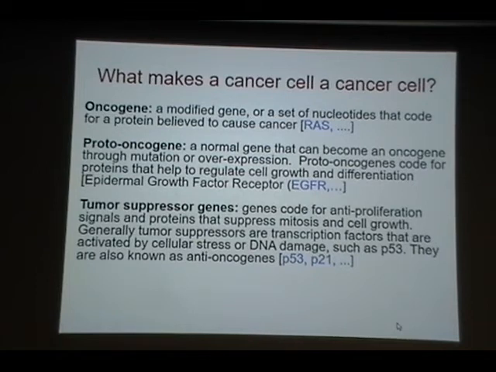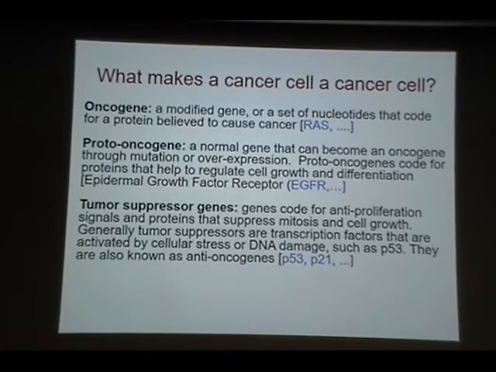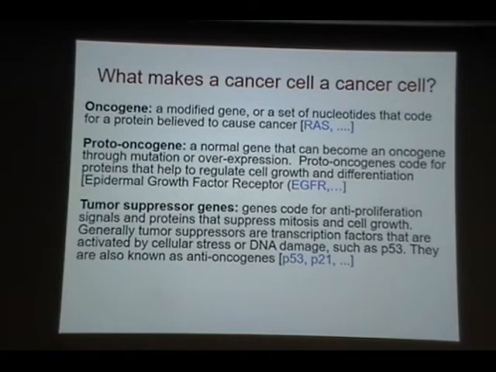So the reason a cell becomes a cancer cell is that there are two types of forces in the cells. One is called oncogenes, the other is called tumor suppressor genes. When I'm talking about the genes, I'm not talking about genes in the chromosome, I'm talking about the genes and the proteins encoded by those genes. Many of those oncogenes were identified in virus-infected birds.